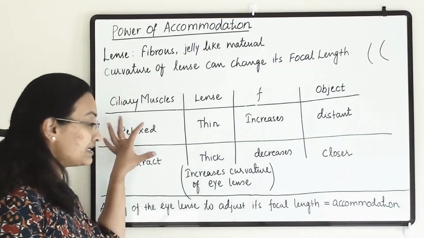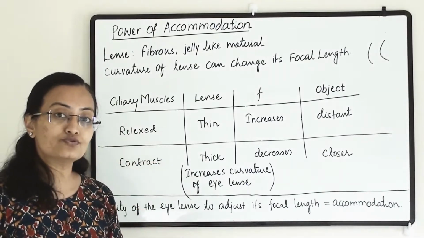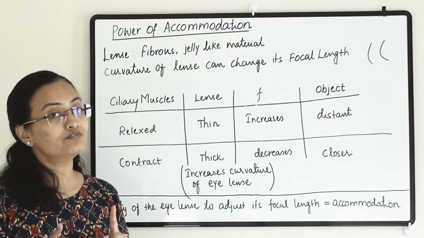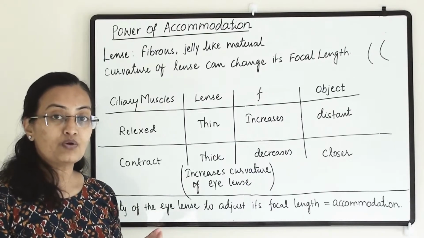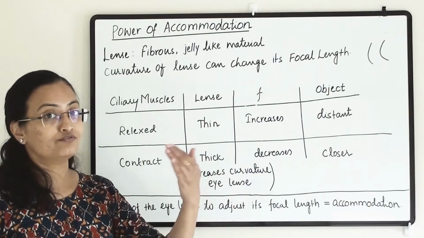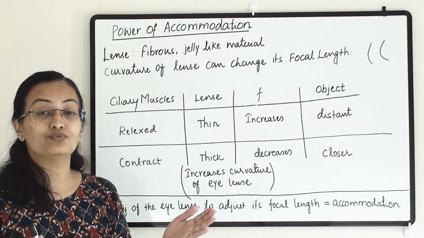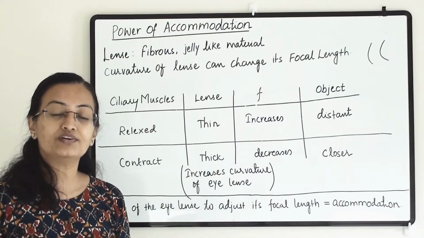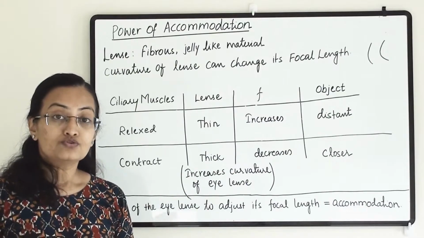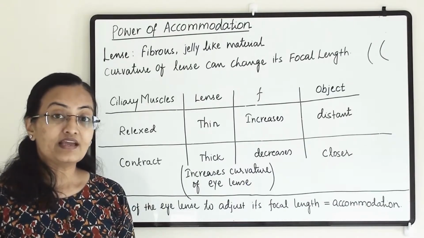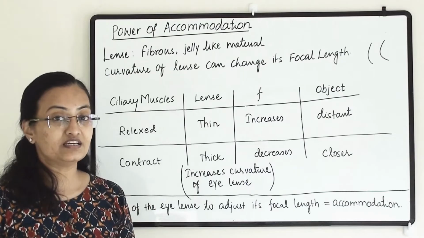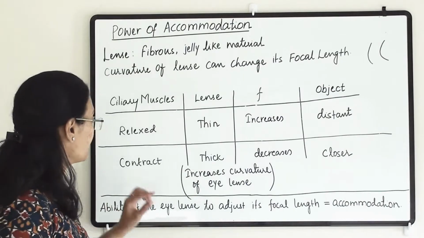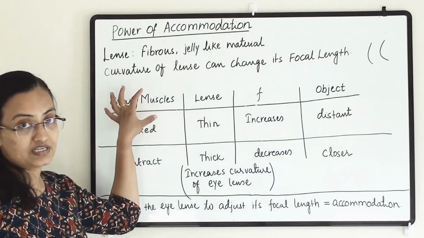Now this ciliary muscle, what is it doing? It is adjusting the focal length. And why are we adjusting the focal length? Because for the far object and for the near object, the focal length will vary. That we have already learned in the 10th chapter. So the focal length will vary, and as per that we will be able to see the far object and near object clearly, and that will happen with the help of the ciliary muscle.